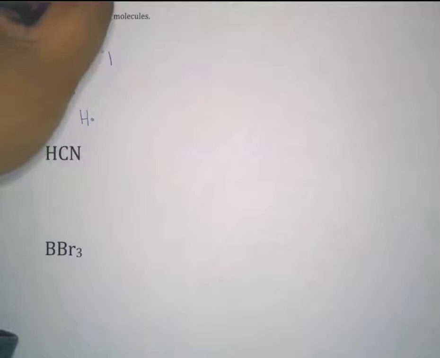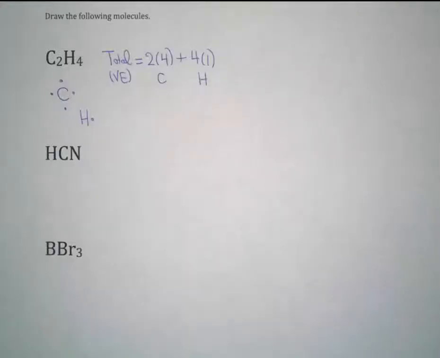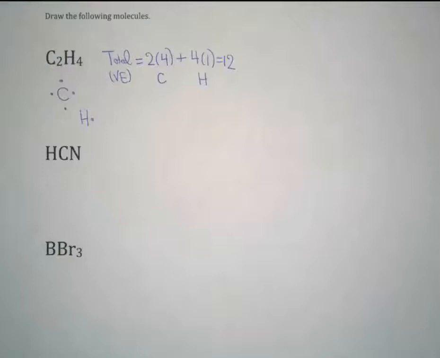The total number of valence electrons equals 2 times 4 for the carbon plus 4 times 1 for all H atoms, for a total of 12 valence electrons.